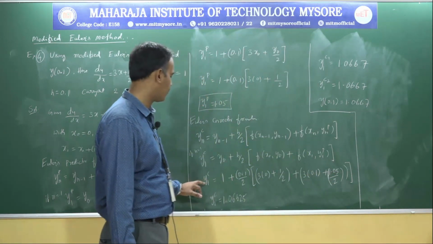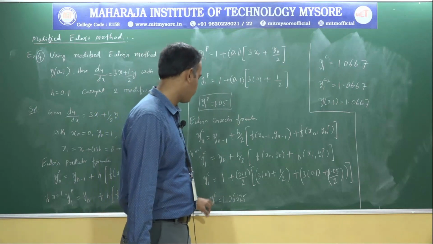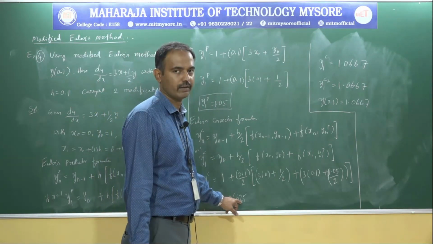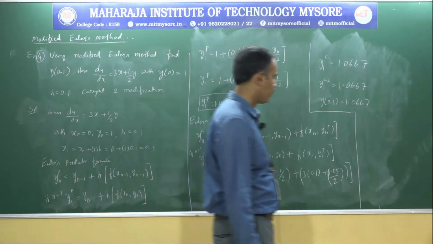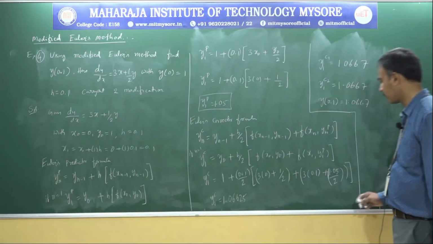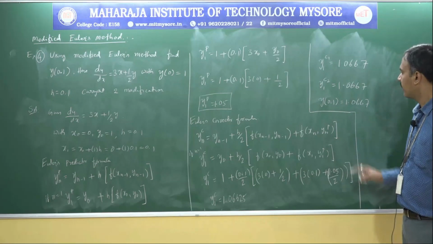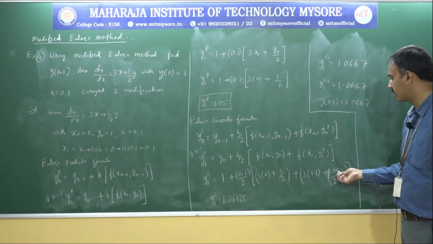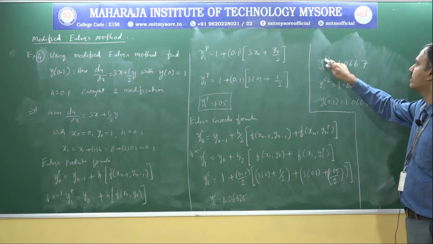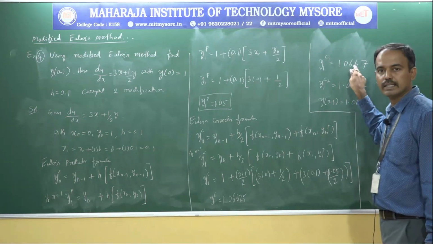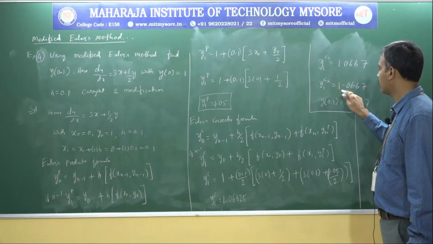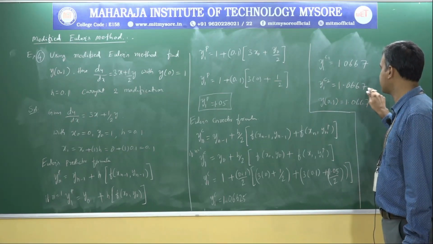Using a calculator, we simplify and get y_1^c is equal to 1.06625. Similarly, in place of y_1^p, we replace with the y_1^c value 1.06625, and we get y_1^{c1} equal to 1.0667. Next, y_1^{c2} is likewise 1.0667.